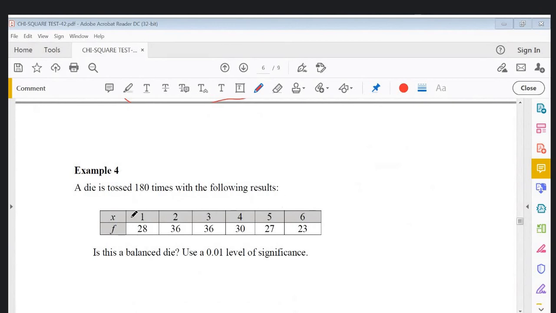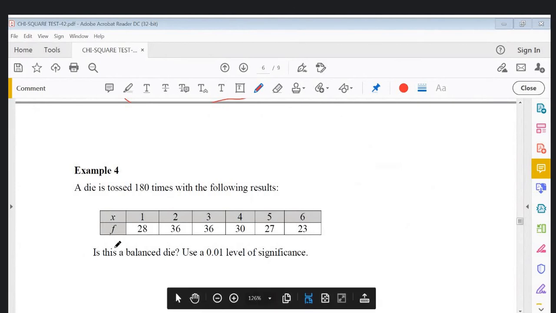The dice has six faces. The number one occurs 28 times, number two occurs 36 times, number three occurs 36 times, until the last one, number 6 occurs 20 times. We want to test whether this is a balanced dice, or not.